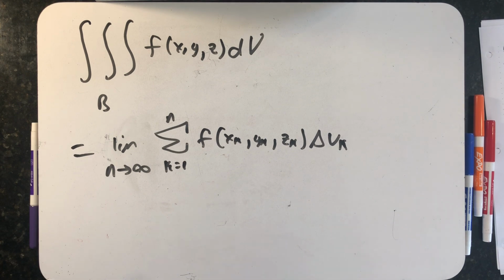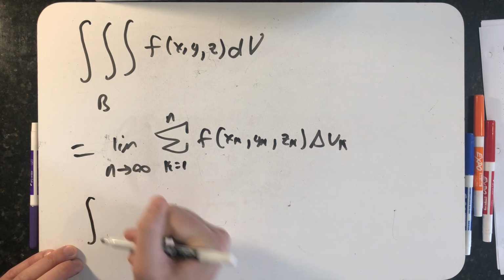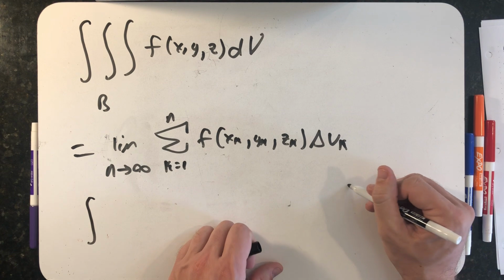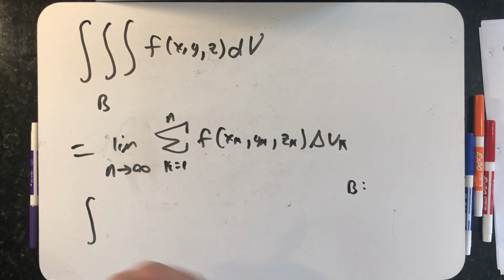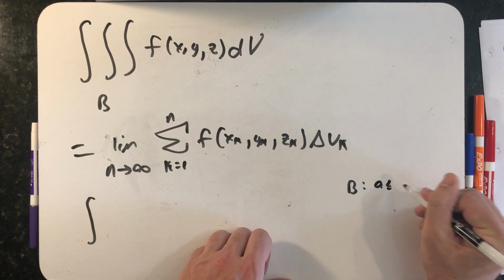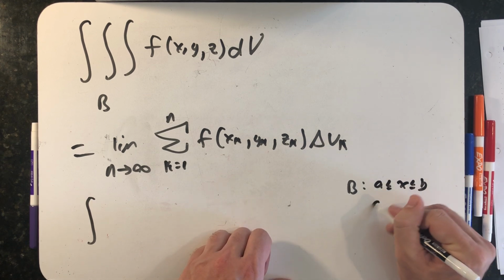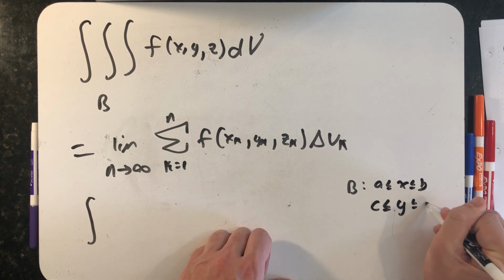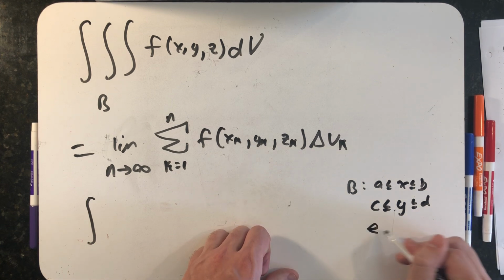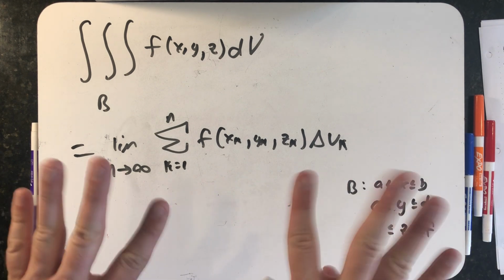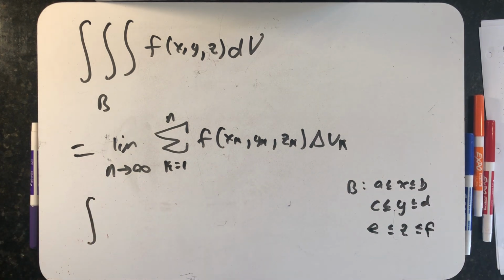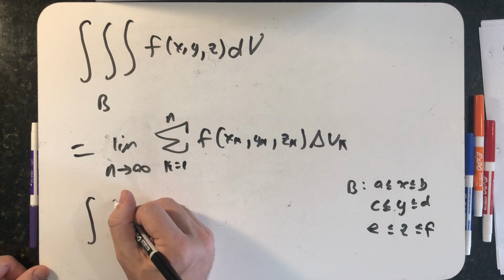Even better news. If the region B were itself a rectangular prism, that is, it had nice bounds that look like these, and being a little bad here, I'm using the letter E as any real number, not the special number e, and I typically wouldn't do that, but we'll just let that go for now.